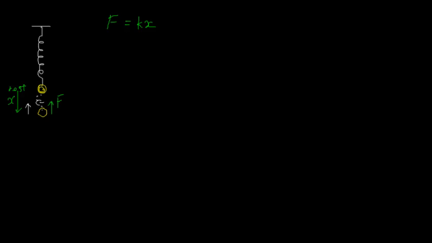Right, now let me write down a name for this kind of motion. For the pendulum, the force on the pendulum bob is proportional to displacement, and it's also the same for the spring.